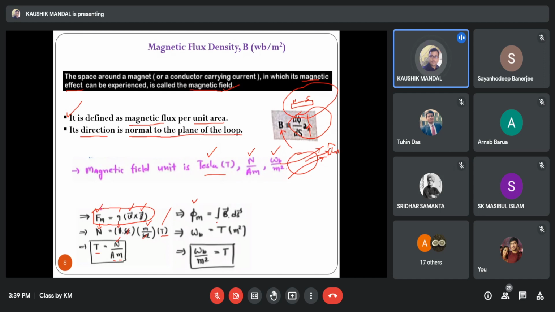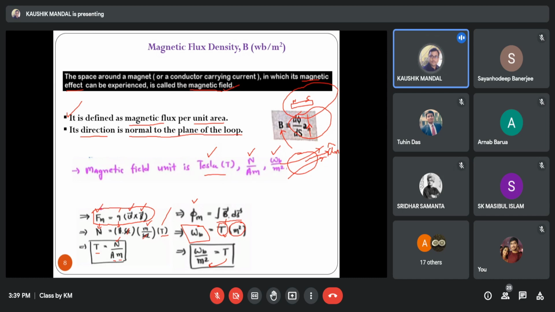Magnetic flux equal to surface integral of flux density B dot ds. Now what is the unit of phi? That is the magnetic flux unit. Magnetic flux unit is Weber, and unit of B is Tesla. Unit of area is meter square. So what will be the Tesla? Tesla will be equal to Weber per meter square.